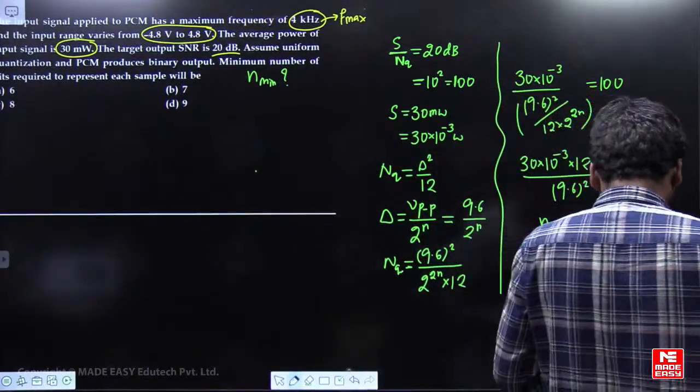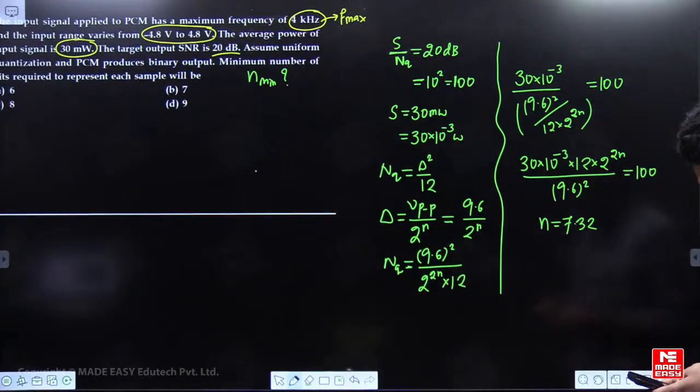What n value are you getting? Try with the calculator. You should be good in calculations, and it's all about how fast you are in calculations.